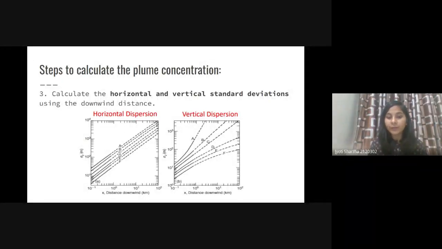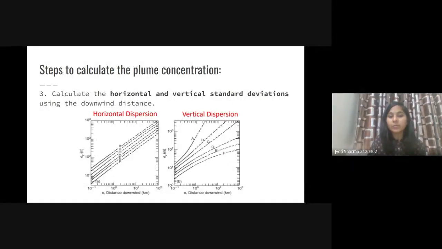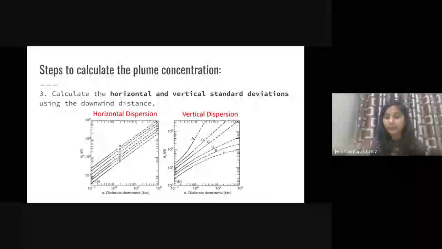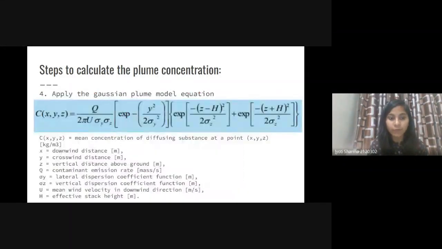For that 1 kilometer, from that graph, you can calculate the horizontal and vertical standard deviation. This is the exponential graph. So you have calculated the plume rise, the wind speed, and the horizontal and vertical standard deviation. Now we have the formula.